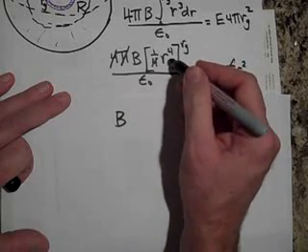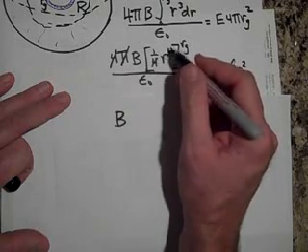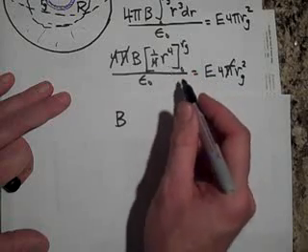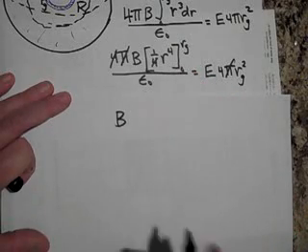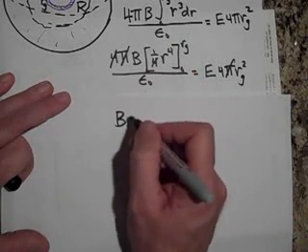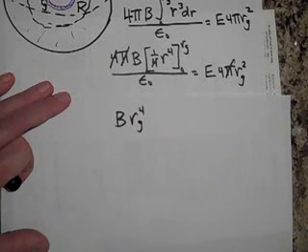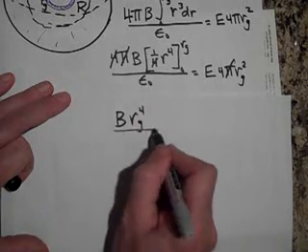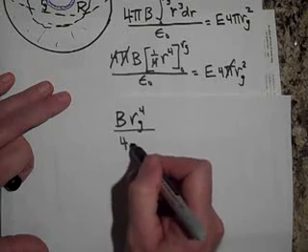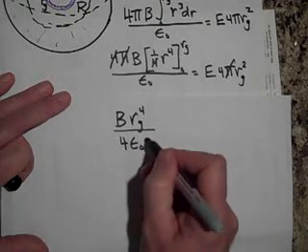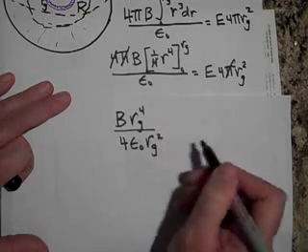If I put in the r sub g, that's going to turn into r sub g to the 4th. If I put in 0, when I subtract the 0, that term will disappear. So it's just b times r sub g to the 4th power all over 4 epsilon naught r sub g squared.